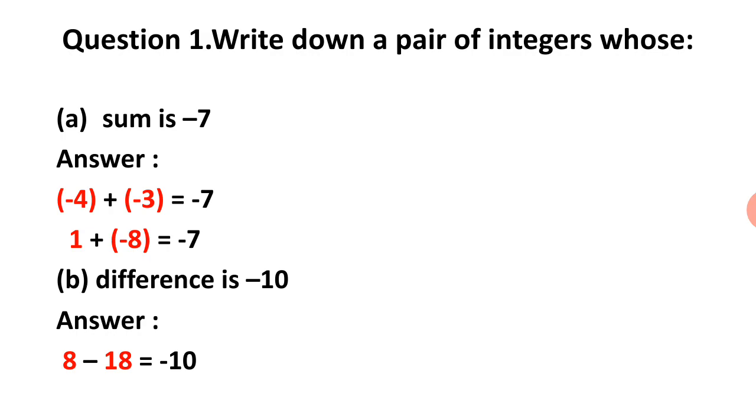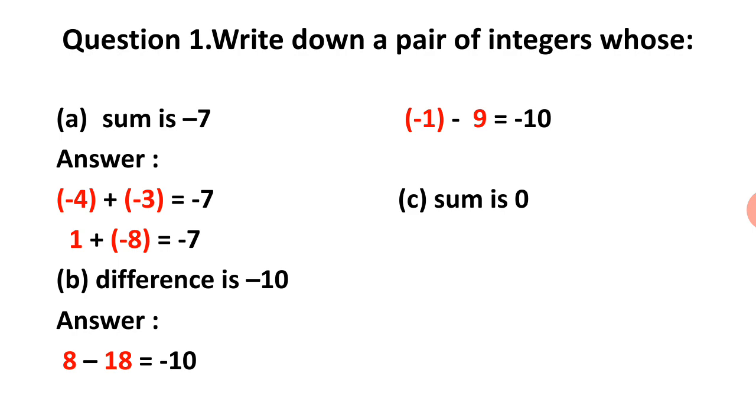The pair of integers here can be 8 and 18. The difference is -10. One more example is taken. -1 and 9 is another pair of integers where the difference will be -10.